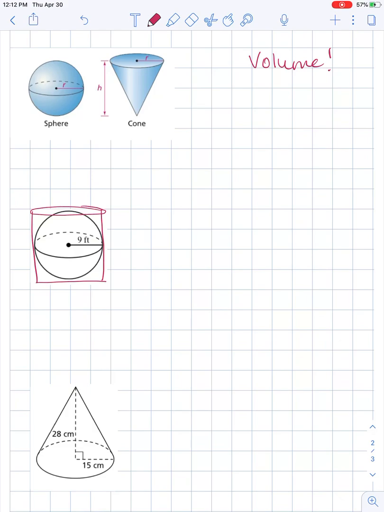If 9 feet is the radius, not the diameter, then the diameter would be 18 feet, and the height here would also be 18 feet. So a good rule of thumb is that the volume of a sphere should be about 2/3 that of a cylinder that sphere would fit in perfectly.